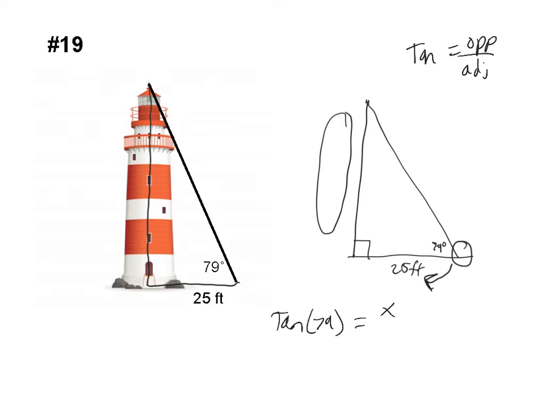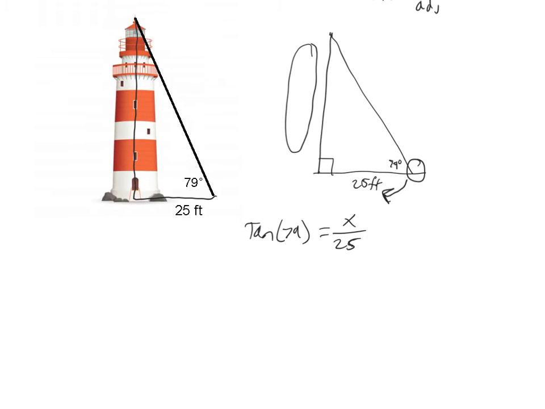So the opposite is what we don't know. The adjacent is 25 feet. And so remember, to solve these problems, what you need to do is get x to be by itself. So how would we do that? Well, we'd simply take 25 times both sides. Okay, and then we'd have 25 times the tangent of 79, which I'll let you pop into your calculator, and that'll be your answer for x for that problem. Okay, and then don't forget your label of feet.